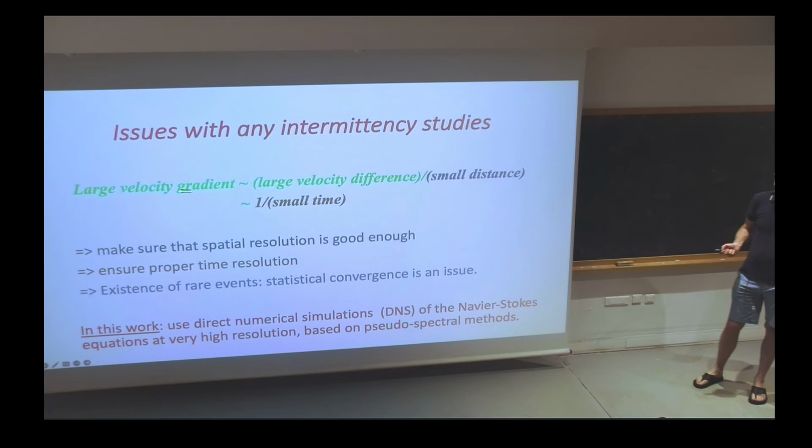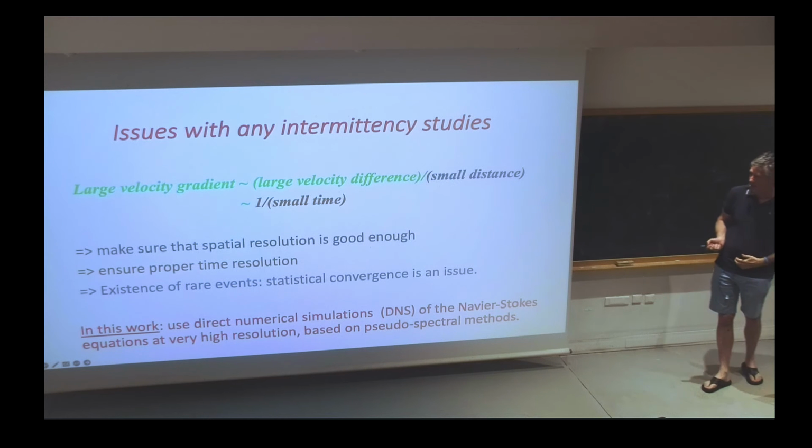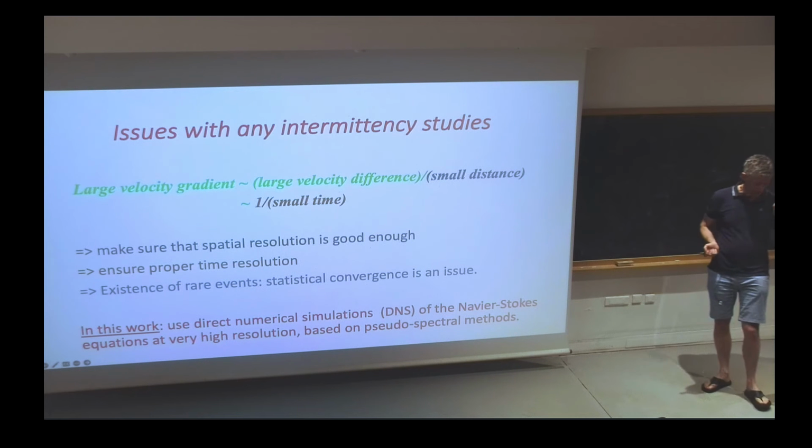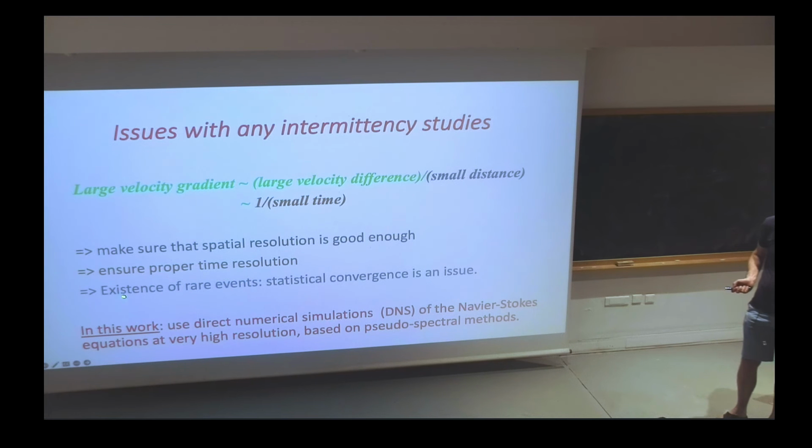So if you want to do it right, you have to make sure that the small distances that the system wants to reach are properly resolved by your simulation, and also that the smallest possible times, which are implied by the large velocity gradients, are also properly resolved. So there is a condition both on the mesh size and on the time scale. And I was also mumbling probably at the beginning that what we are looking at are rare events.